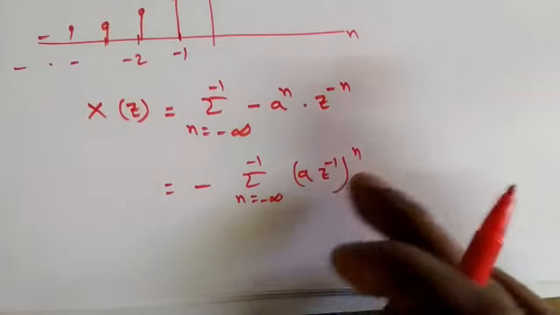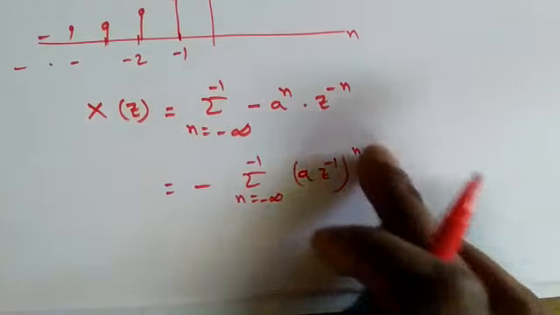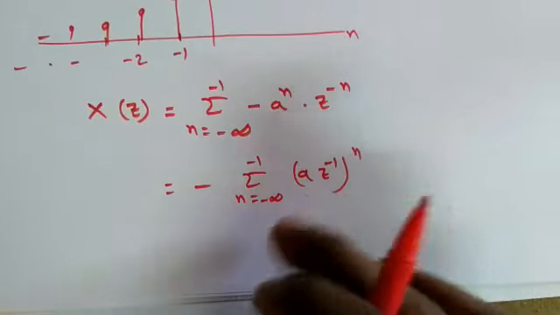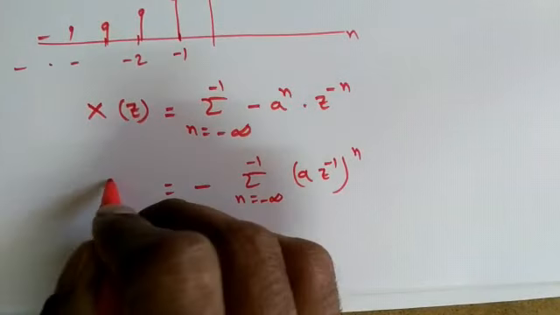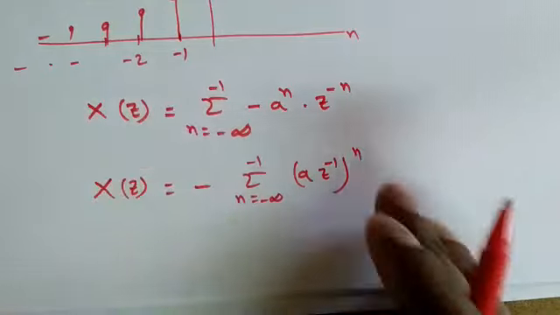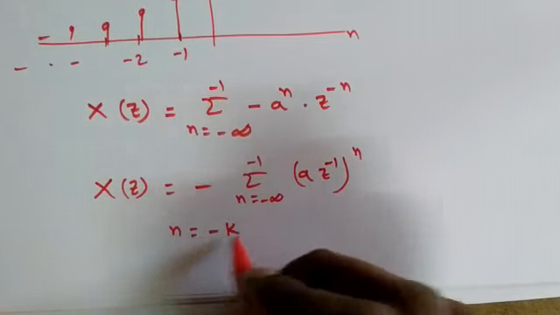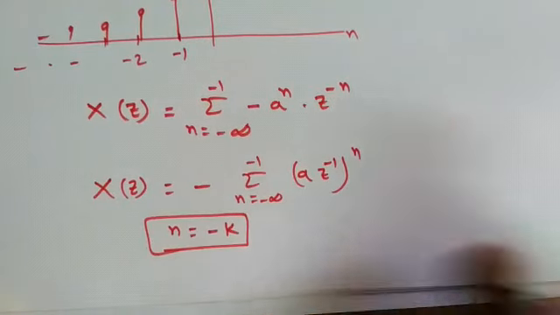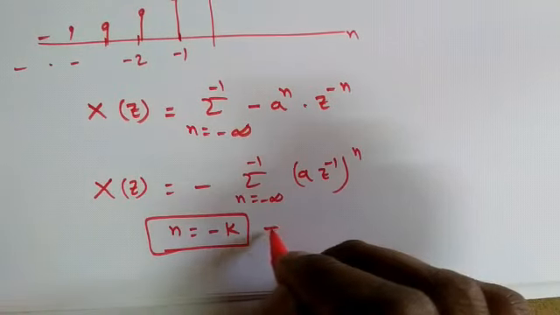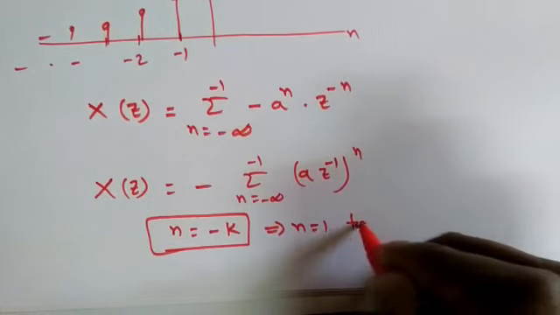Now we don't have any formula to get the value of this one. So what we'll do is take one more variable, n is equal to minus k. When n is equal to minus k, the limits become 1 to infinity, yes or no?